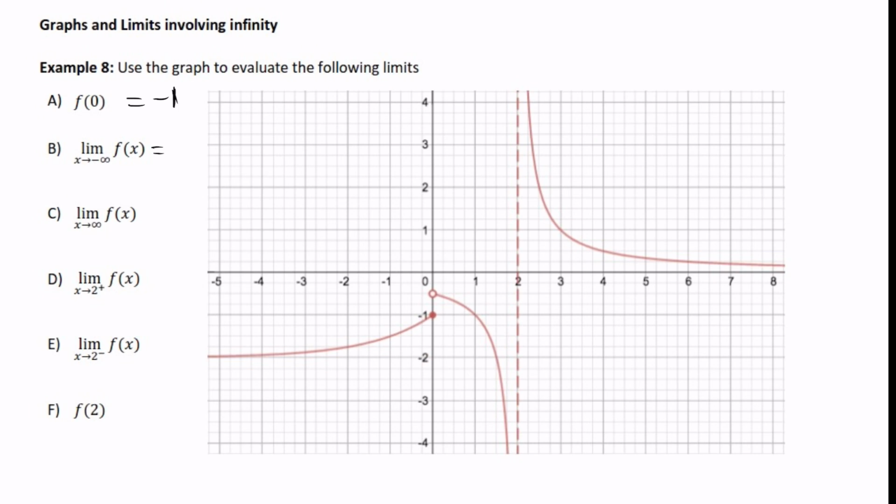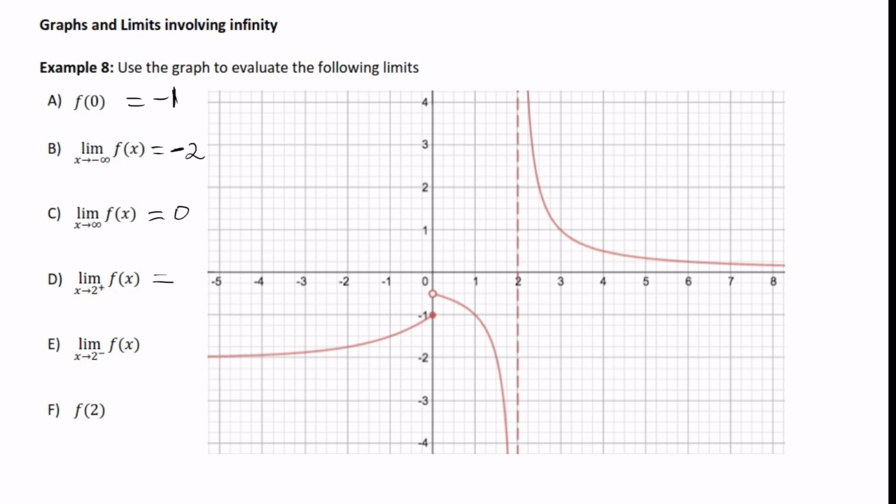So this gives us -2. The next one says we should find the limit of f of x as x approaches infinity. So this is positive infinity on the x-axis. As x approaches positive infinity, our graph gets closer and closer to 0 on the y-axis. So this will be equal to 0.